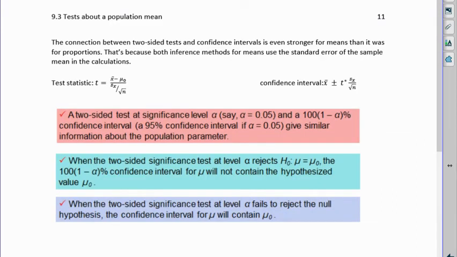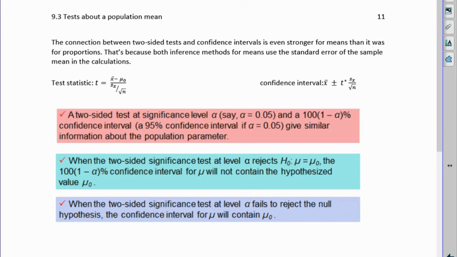So the connection between two-sided tests and confidence intervals is even stronger for means, and that's because means actually use the sample standard error in the t-test, unlike with proportions where you're using the null p for the test and you're using the p-hat for the interval.